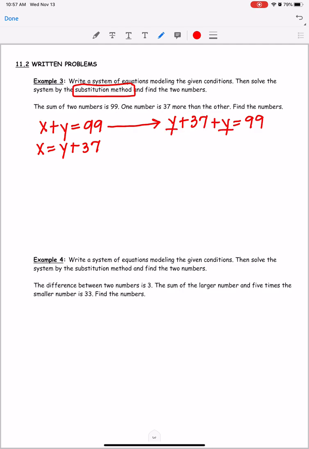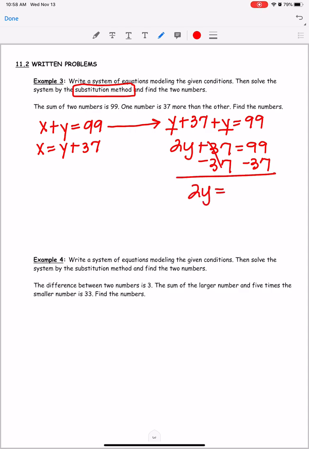So y plus y is 2y. So 2y plus 37 equals 99. Subtract your 37 over. And I get 2y equals 62. Divide by 2.